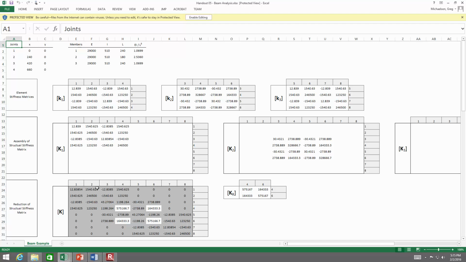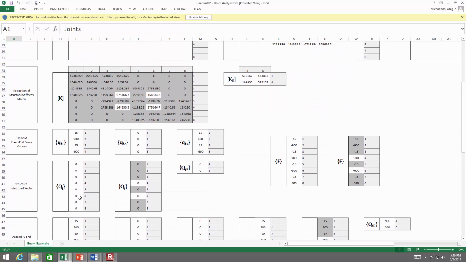And I think you all should be fairly versed at this point on how you would develop these things. The way I produce these is it starts here and goes down. So these are the element stiffness matrices for each one. This is putting them where their respective locations go in the grand stiffness matrix. Here's reducing it according to boundary conditions.